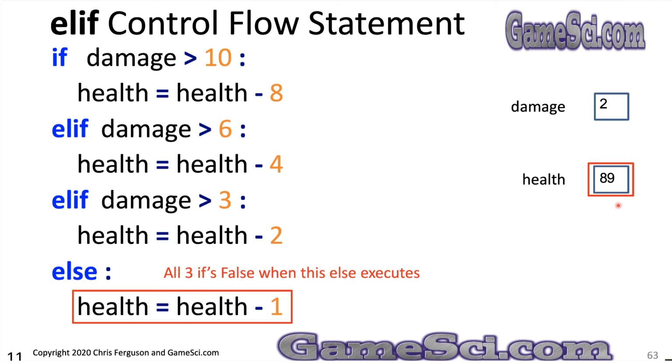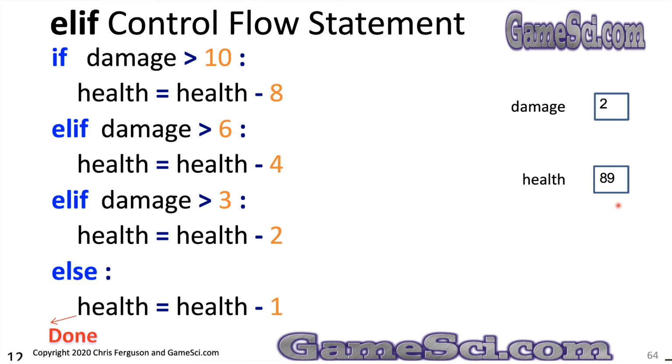Again, the else is kind of like a catch-all. If everything above me is false, I will automatically run the code in the else. And of course, our else if statement is now done. Are you getting the picture? The if statement is a one-way decision. We'll execute one block of code or skip it.